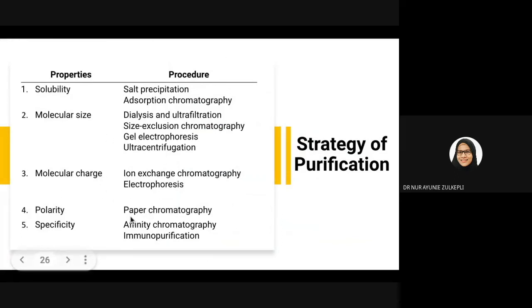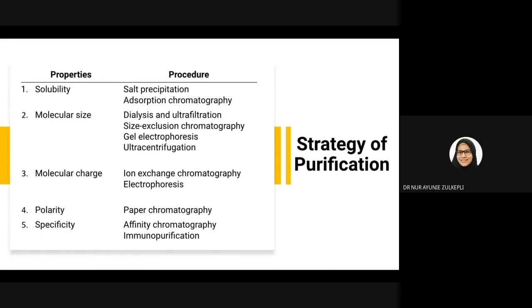I give an example here of how to isolate a protein based on its solubility. We can use salt precipitation and adsorption chromatography. We can also separate protein according to its molecular size, so we use dialysis, ultrafiltration, and size exclusion chromatography. We can use gel electrophoresis or ultracentrifugation.